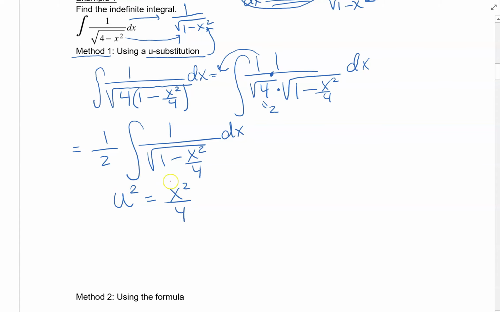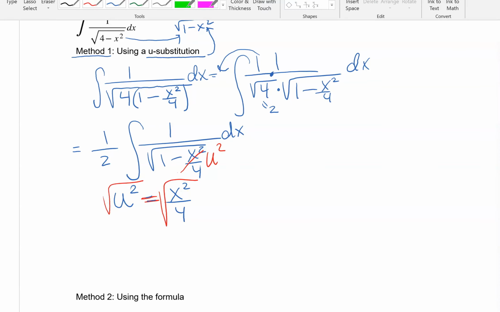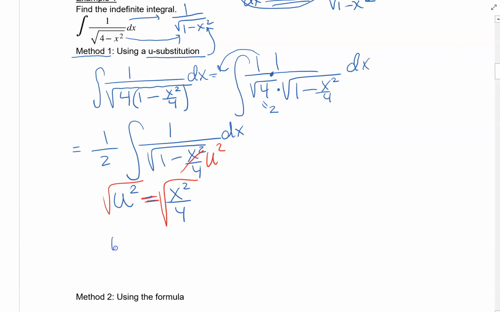Well, u squared would just have to equal x squared over 4, right? They have to be the same in order to take this one out and replace it with u squared. So then I would have to figure out what u is. In order for that to happen, u would have to be x over 2, right? Square root of x squared is x, square root of 4 is 2. And in order for that to be the case, du is 1/2 dx. Or I multiply 2 to the other side, so 2 du would equal dx.